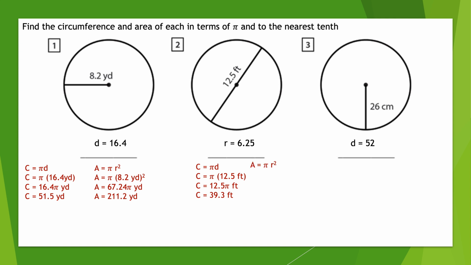So that's pi times 6.25 feet squared, which is 39.0625 pi. And if I wanted to round that to the nearest tenth, 39.0625 times 3.14 is going to be 122.7 feet. Okay, number 3. Go ahead.